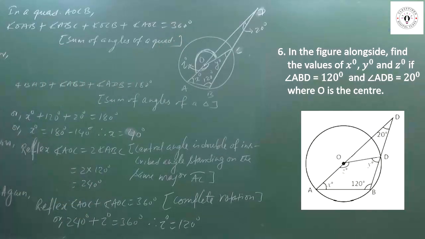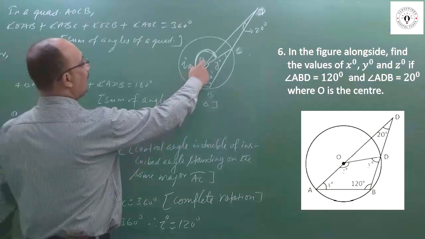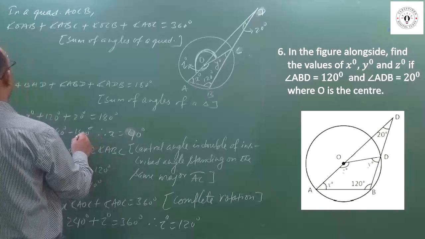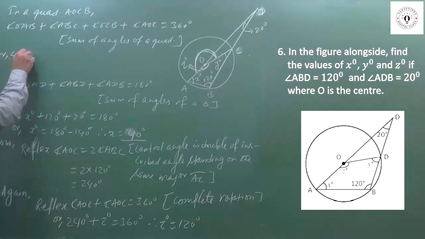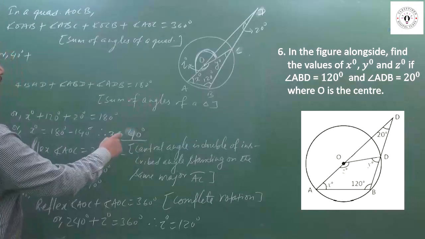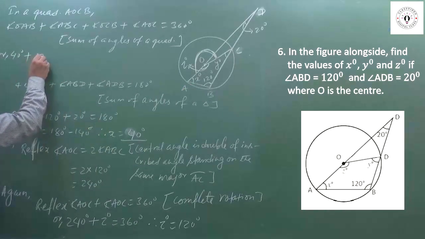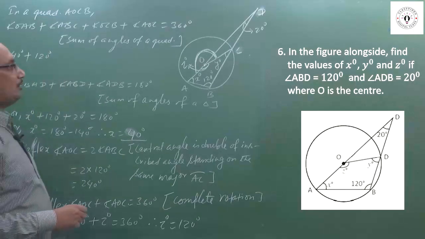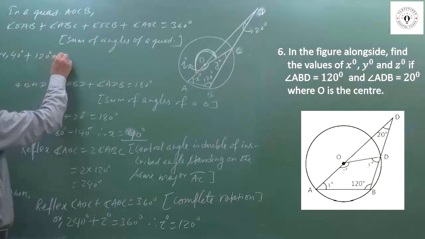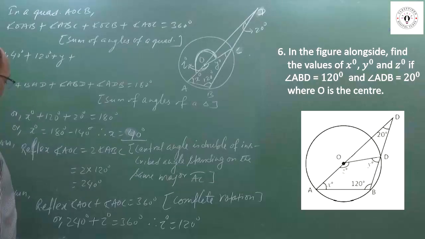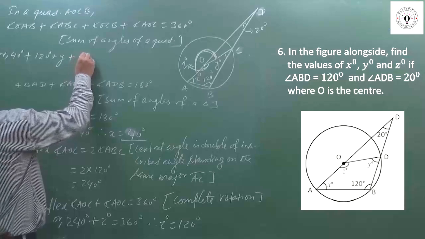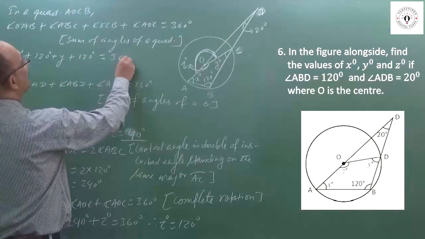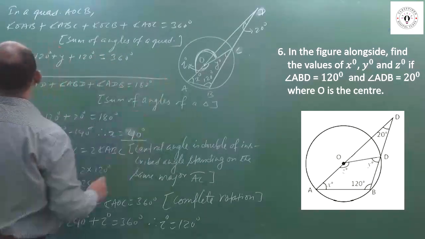So OAB means X, and the value of X we have calculated, 40 degrees. So 40 degrees plus ABC, already given, 120 degrees, plus OCB, which is Y, and then AOC, which is Z, we calculated as 120 degrees, equals 360 degrees.